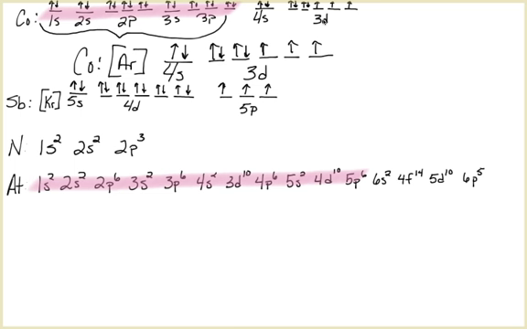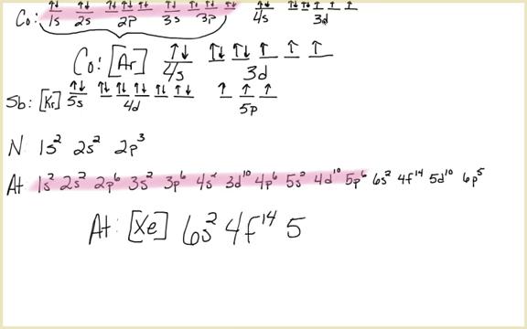So for astatine, we would put At. We put Xe in brackets to represent all of those, and we simply pick up where we've left off. In this case, 6s2, 4f14, 5d10, 6p5.